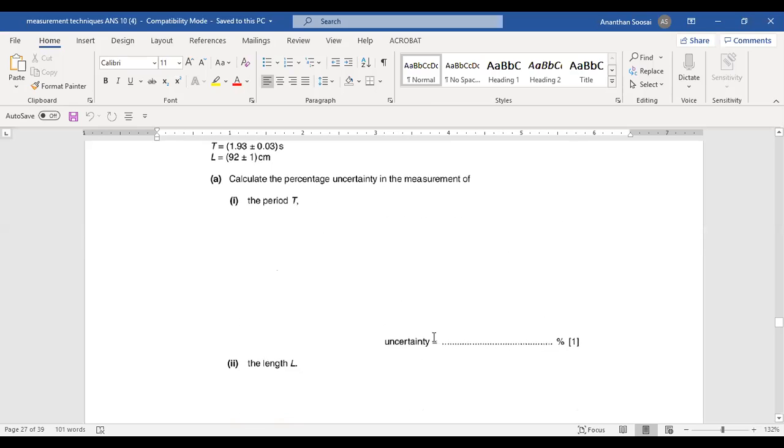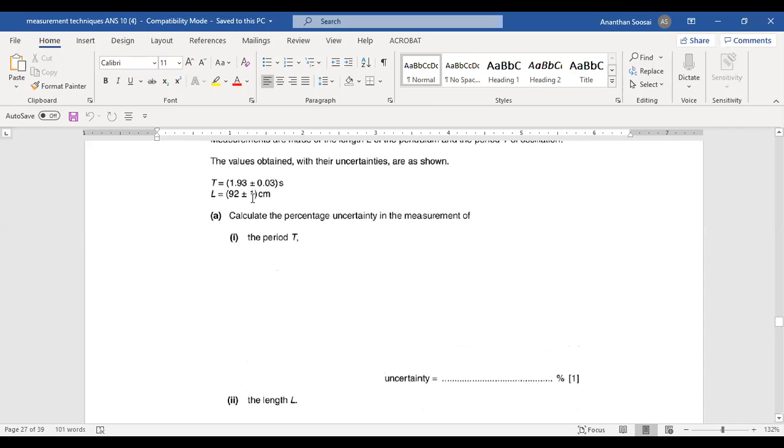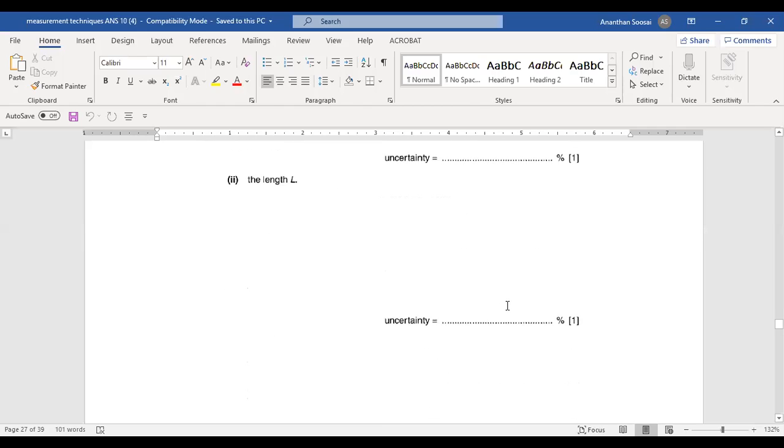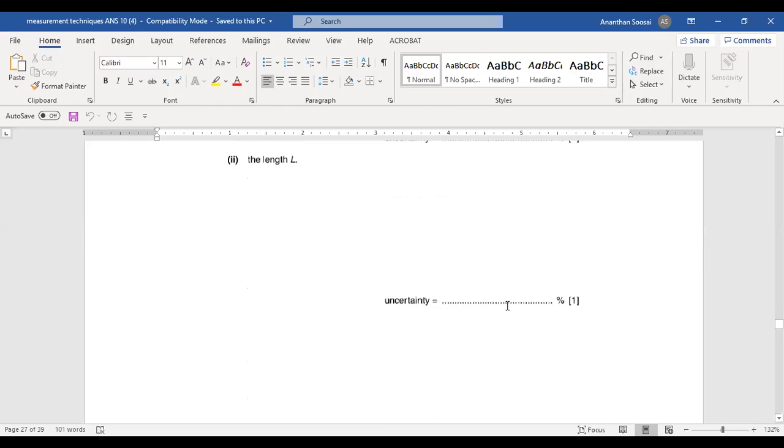You get the percentage, to 1 or 2 SF. L is the same thing: 1 over 92 times 100. So we got the percentages for T and L.